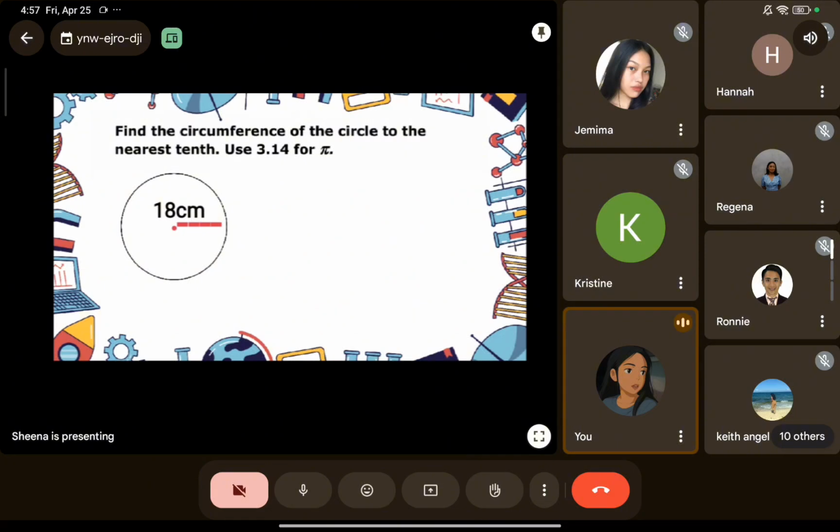Okay, now try to solve this. Find the circumference of the circle to the nearest tenth.